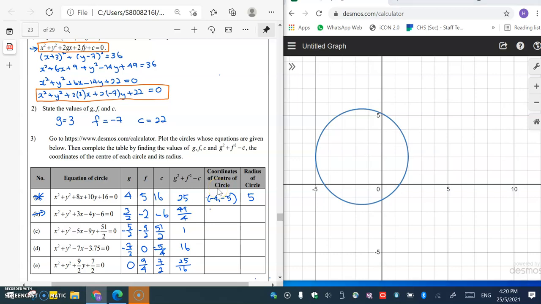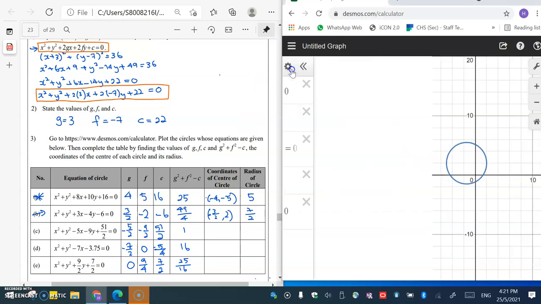Let me put it down. If I measure the length of this radius, if this is negative 1.5, I'm talking about 1 unit, 2 units, 3 units, 3.5 units for my radius. 3.5 is the same as 7 over 2.